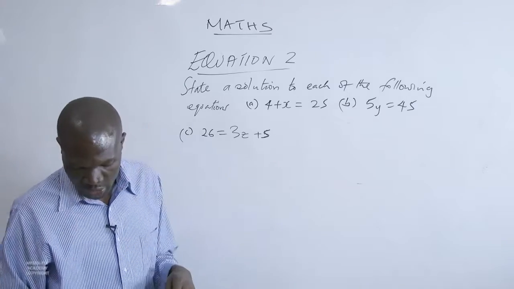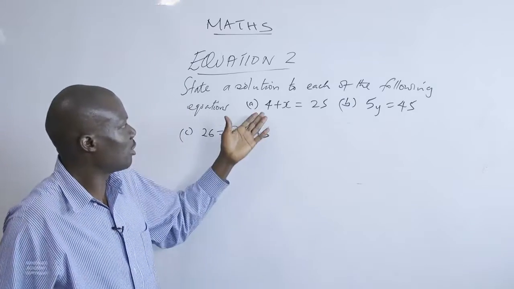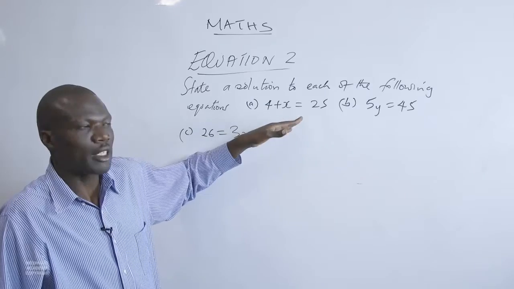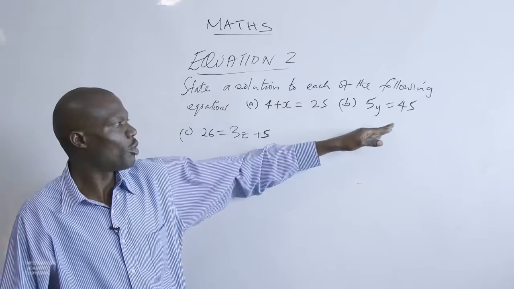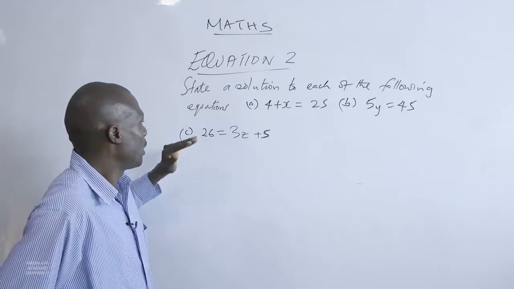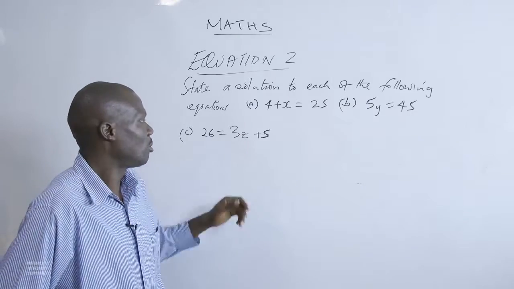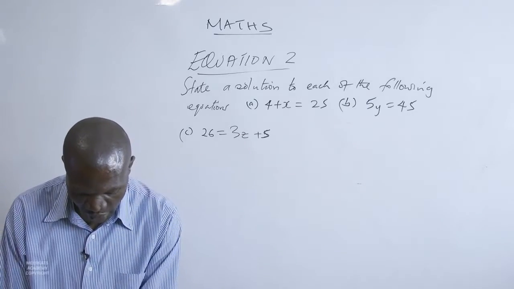We need to work out and find the solution to 4 plus x is equals to 25, 5y is equals to 45, 26 equals to 3z plus 5.